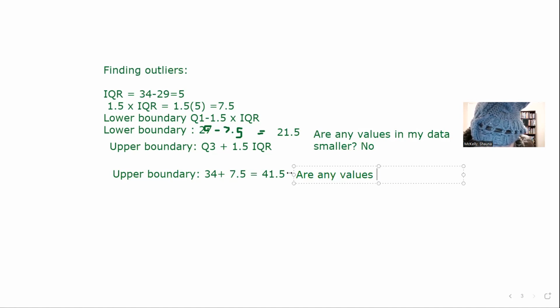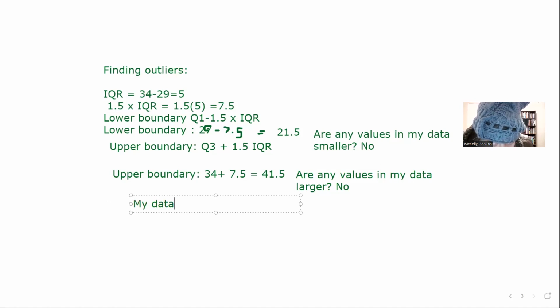Are any values in my data larger than this one? They're not larger than 41.5, so no. And because the answer to both of those questions is no, I can say that my data set, even though it's skewed, has no outliers.